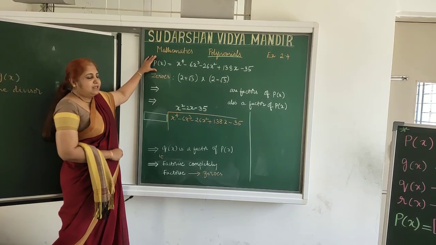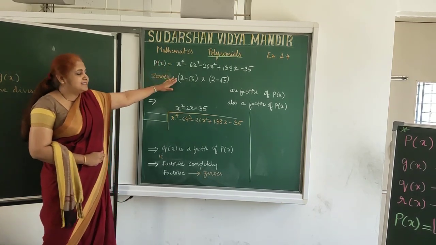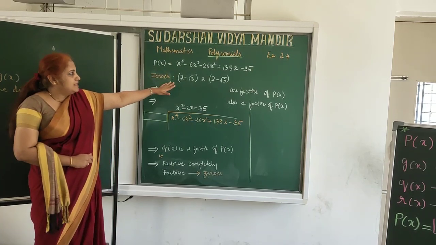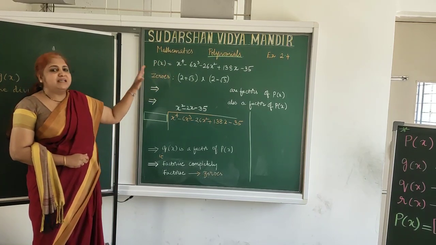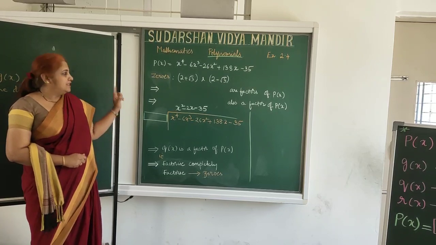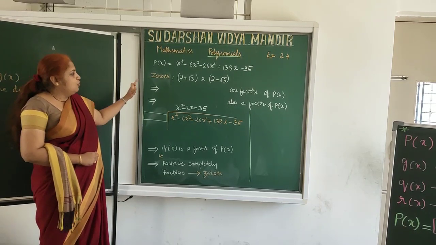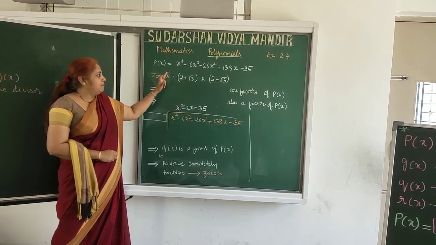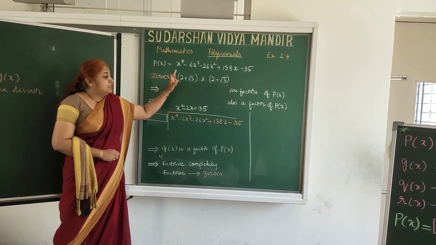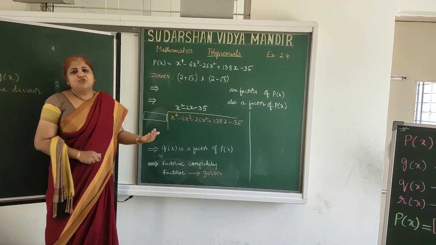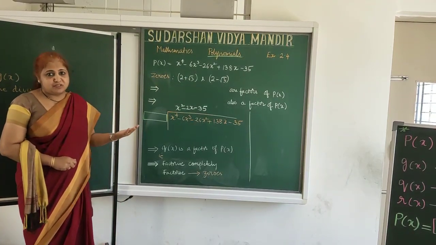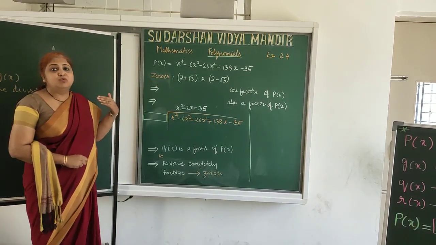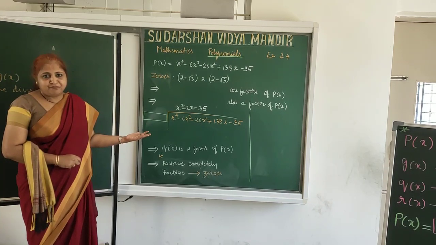There is a polynomial given, x to the power 4 minus 6x cubed minus 26x squared plus 138x minus 35. Two of its zeros are given, and you have been asked to find the remaining zeros. How many more zeros will this polynomial have?